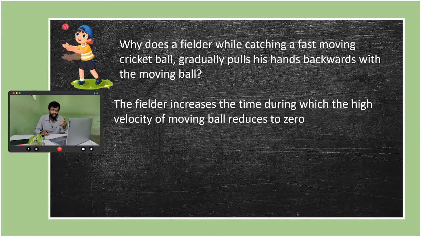And then Mama says, "I will feel bad." And then you are giving her time to reduce that impact. I hope you are able to understand the meaning of this example that I'm giving in relation to the example of the cricket ball and the fielder. So the more time you give, the impact will become lesser.